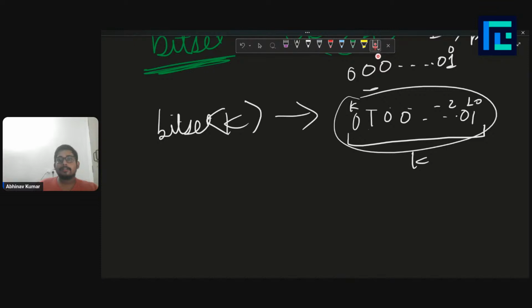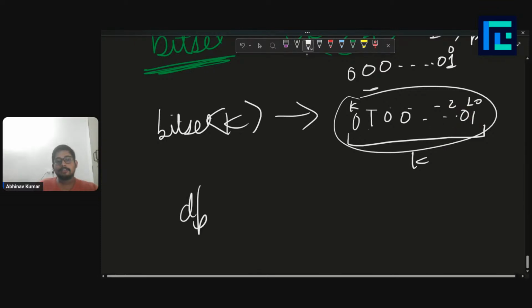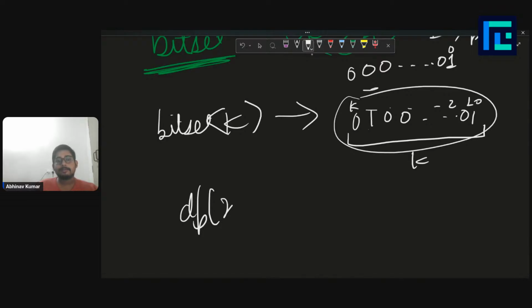Whatever sum was possible, what dp state do you write? You say that dp of x, making a sum x using vi, would be possible only if you either take vi or not take vi.